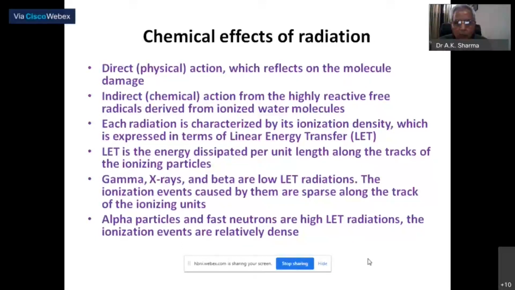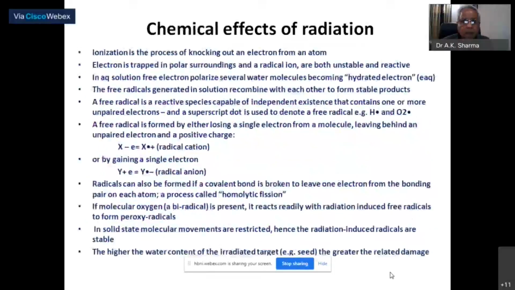For low LET radiation, the ionization events caused are sparse, comparatively low along the track of the ionizing unit. Whereas heavy particles, for example, alpha particles or fast neutrons, are high LET radiations. Therefore, ionization events along the path are dense and high.